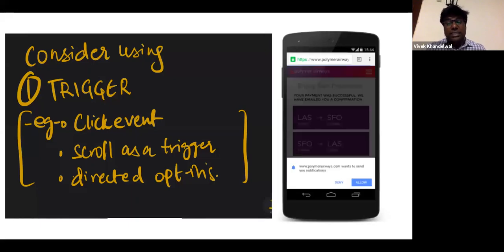Only then do they see the push notification permission prompt. This is extremely contextual, extremely relevant, and the user has exact visibility on what they will get as a notification from this website. This is a great example of a hyper-relevant, hyper-contextual use case.